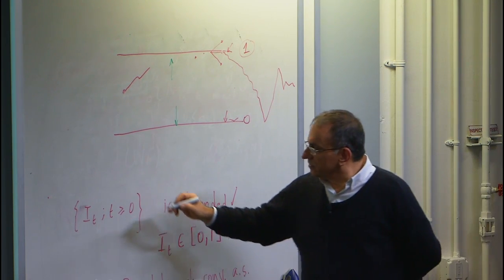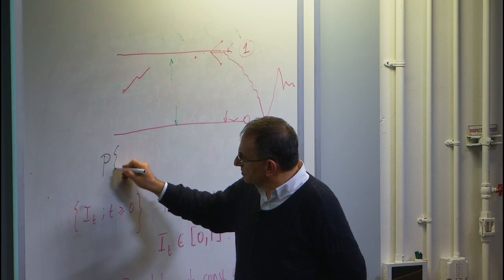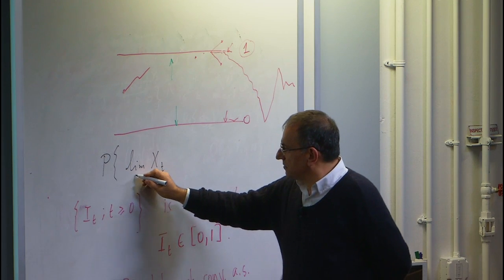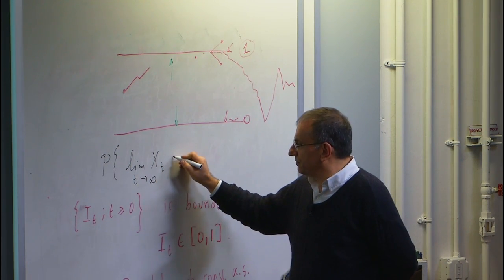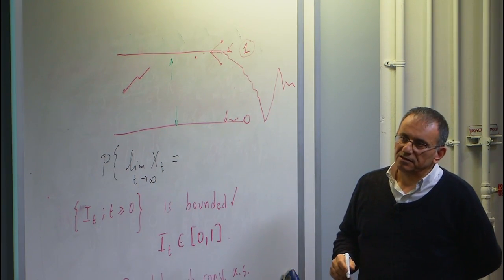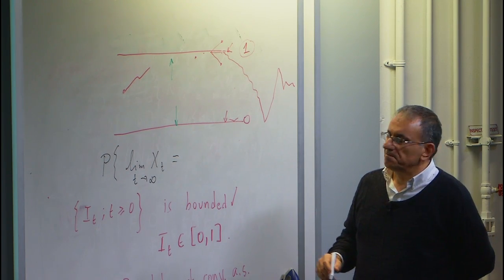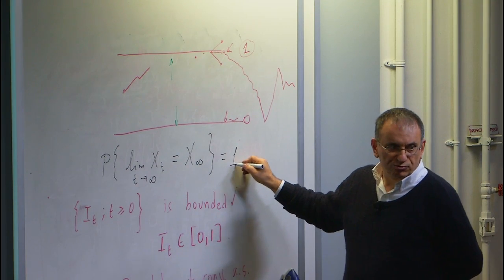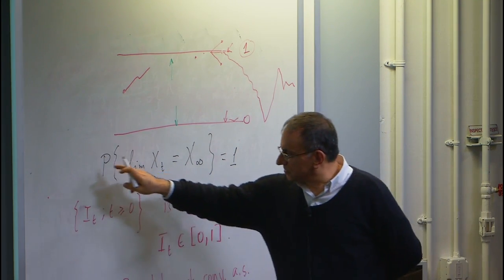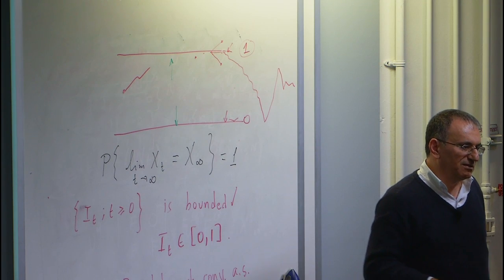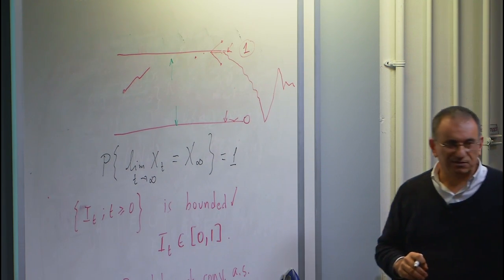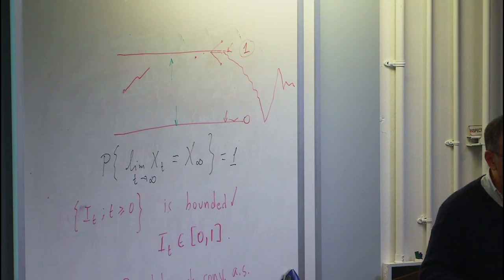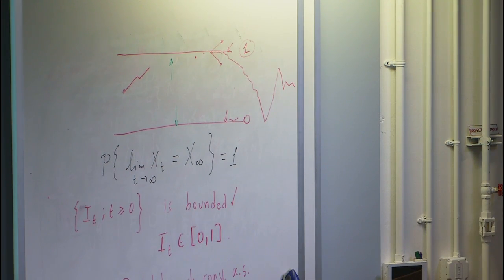So, in other words, the probability that the limit of x_t as t goes to infinity equals x_infinity is equal to 1. It has to do with the gap being the min of I(W) and 1 minus I(W), right?